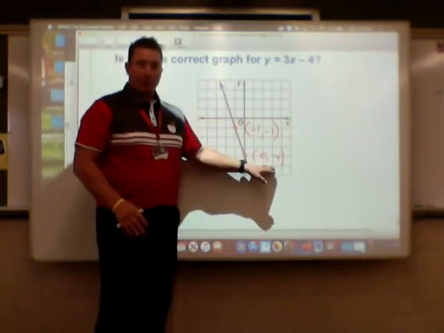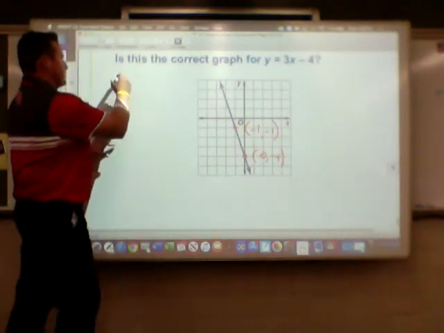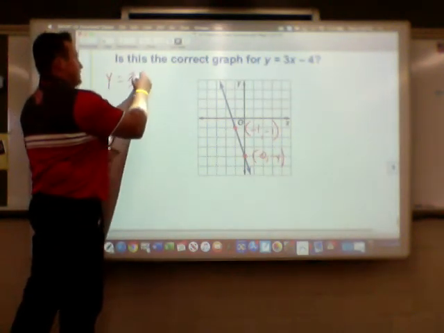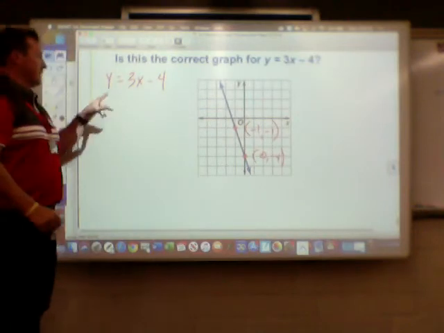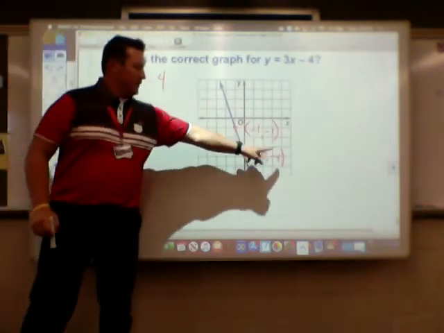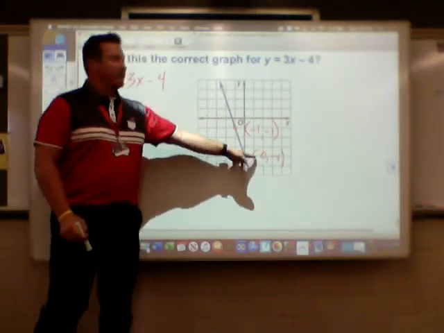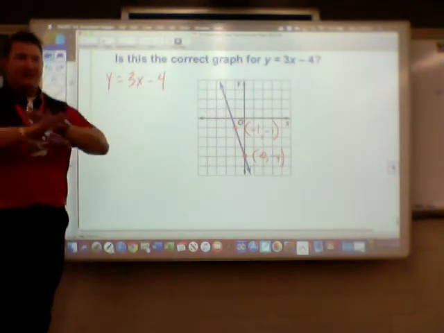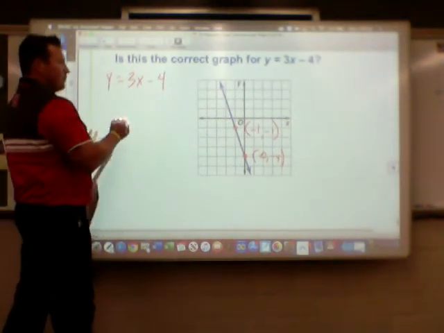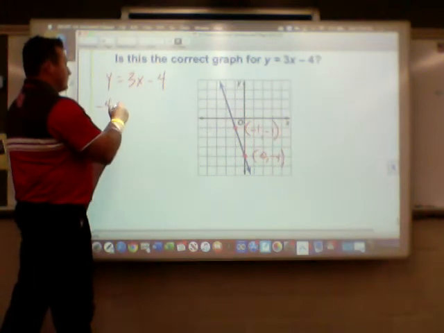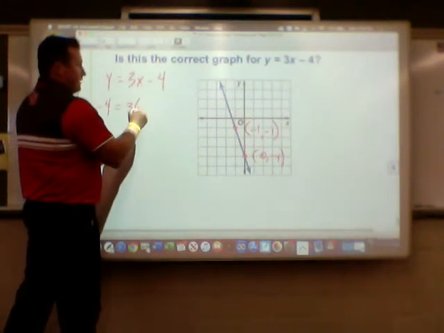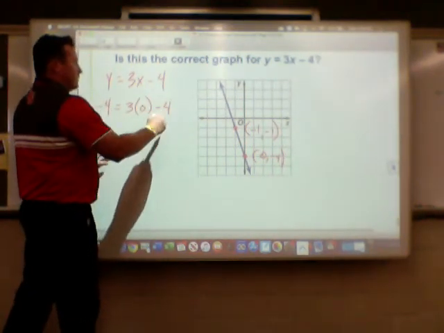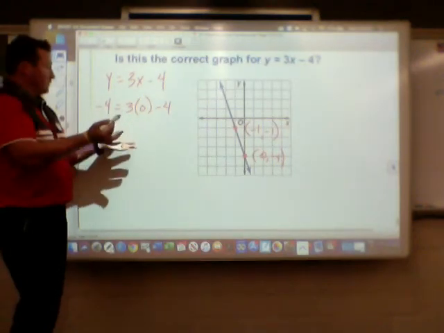So let's try this y-intercept first, (0, -4). So y equals 3x minus 4. Everywhere I see a y, I'm going to replace it with that -4. Here's my 0, that's an x. I'm going to replace it here and see what happens. So y is -4. Does that equal 3 times x minus 4? I'm not sure, but we're going to keep going.